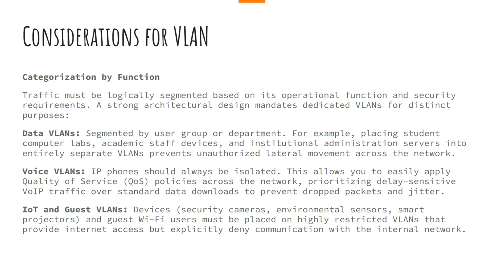Let's say there are VLANs which carry only data, so segment by user groups or department. For example, the data VLANs can be separated for students, computer lab, academic staff, and institutional administration servers into separate VLANs which are related to data only.